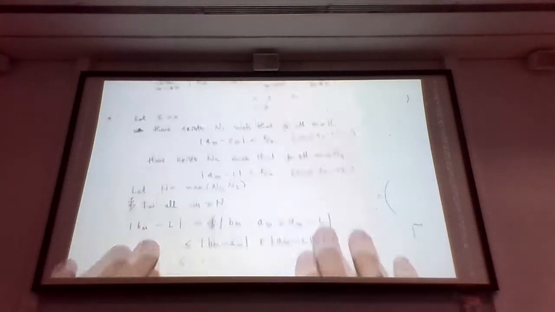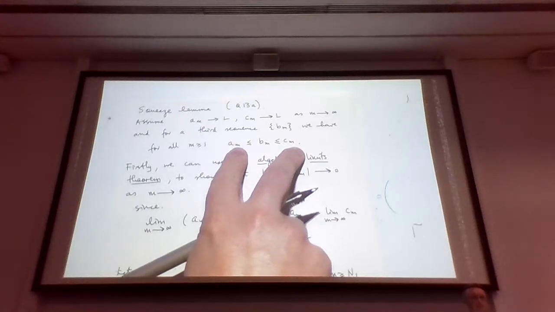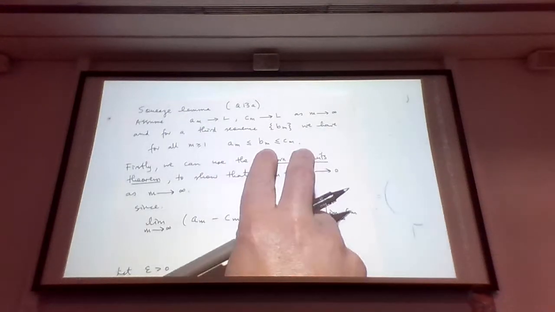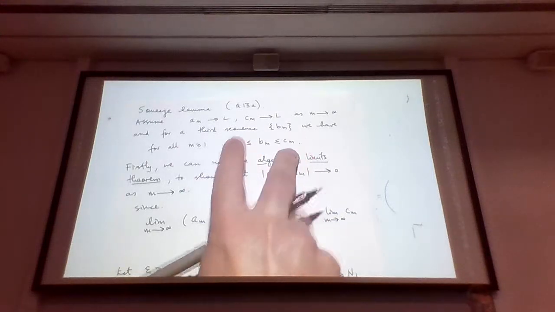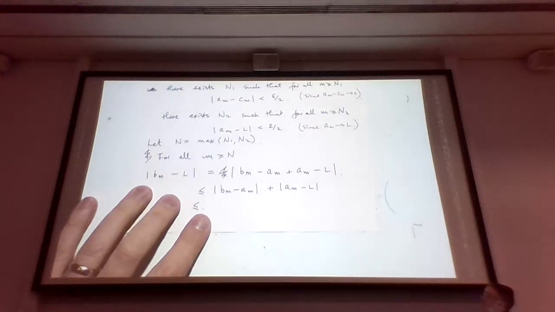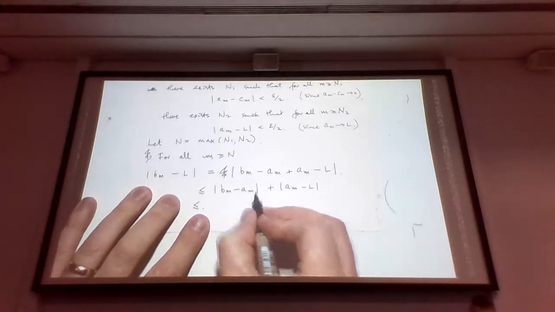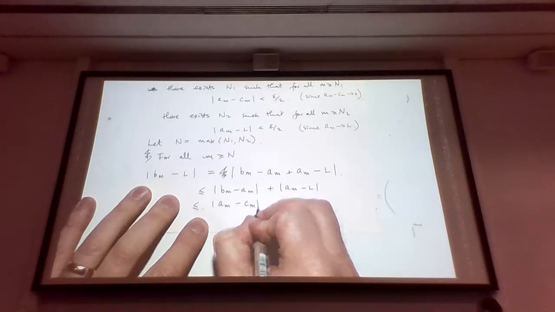Now remember, the Bn's are always trapped between Am and Cm. So the distance between Bm and Am has to be less than or equal to the distance between the two endpoints, Am and Cm. So this distance here, the distance between Bm and Am, I can say is less than the distance from Am to Cm.